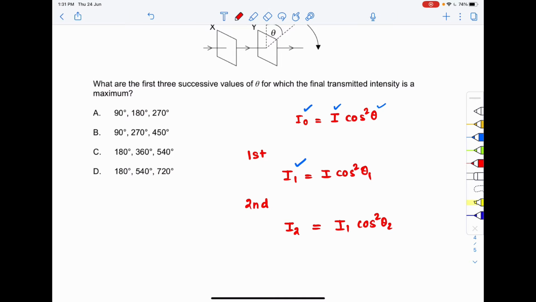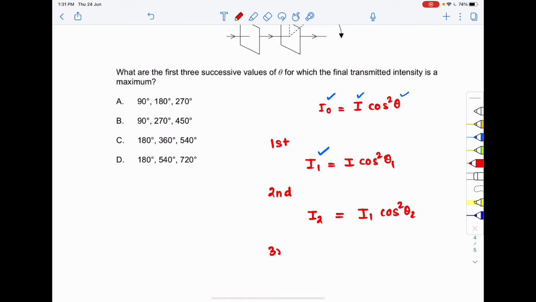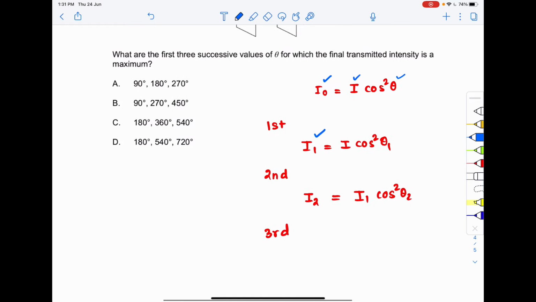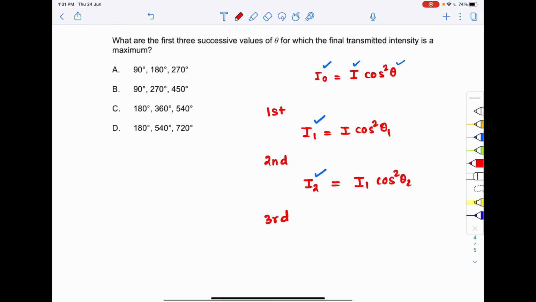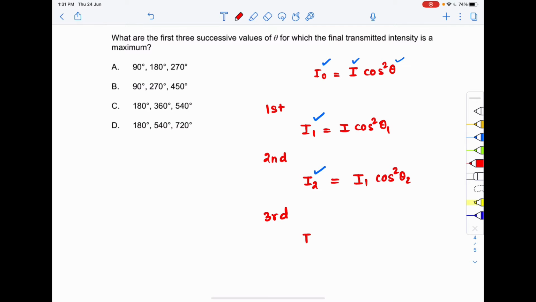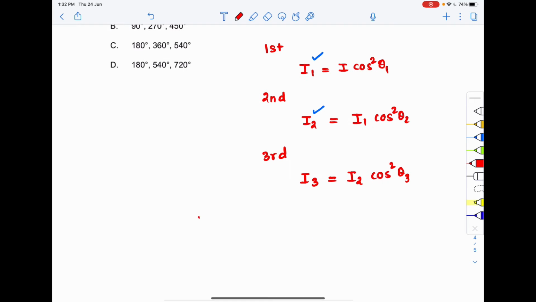Now for the third rotation, the intensity of the light previously is I2, right? So after the third rotation, suppose the intensity becomes I3. So I3 would be equal to how much? I3 will be equal to I2 cos²θ3, right?